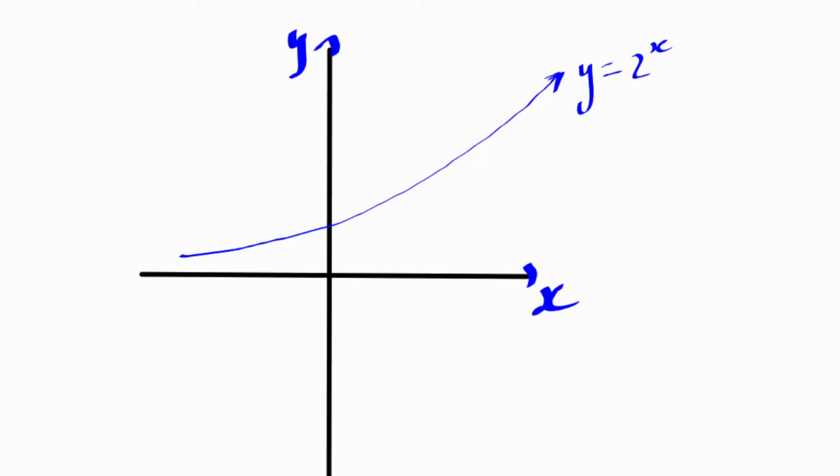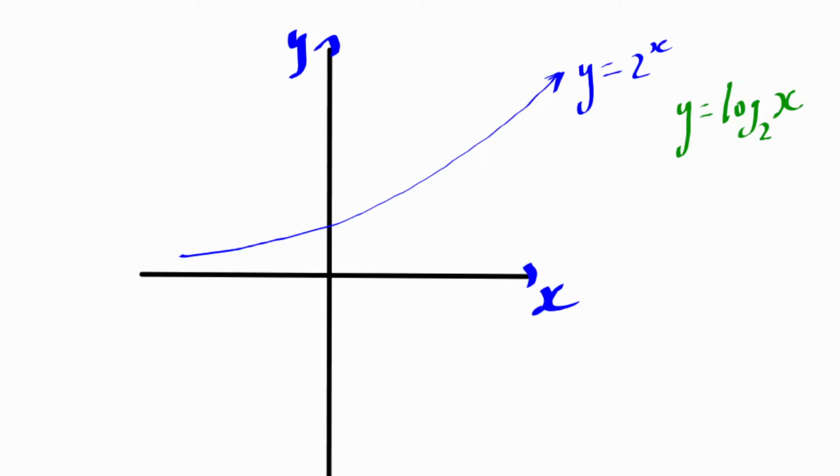Now, from last week's definition, we know that the inverse of this function will be defined by the equation y equals log x base 2. So this is what we established last week.